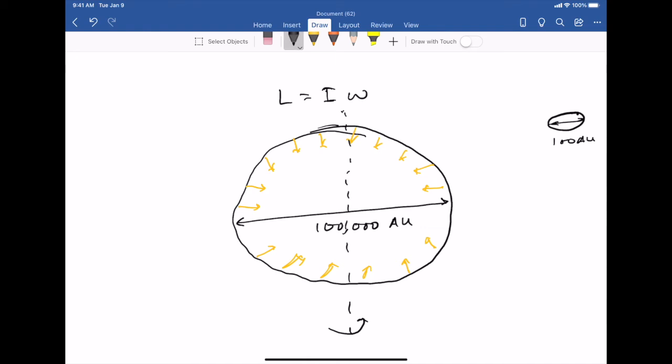So what's going to happen to its rotation rate? Well, as the cloud is collapsing, its size is decreasing. Its mass stays the same, but its size is decreasing. So the cloud is getting smaller. What is happening to I, if the mass stays the same, but the distribution of the mass is more compact about the axis of rotation? Large I means more mass spread far away from the axis of rotation, as we learned in class.